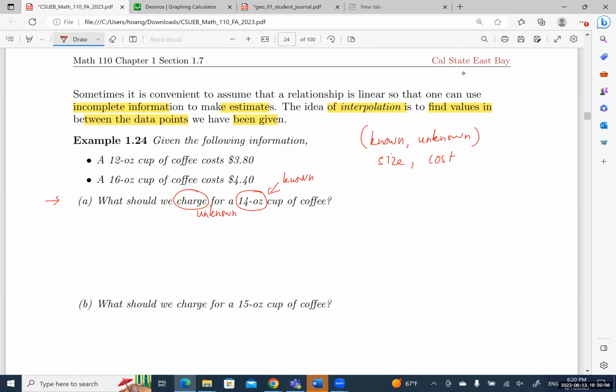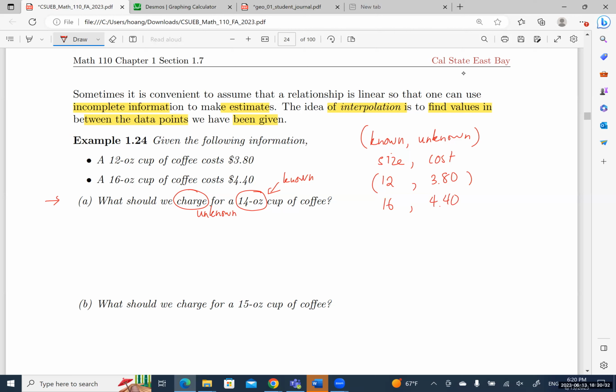From the given information, we can set up 2 points as 12, 3.80, and 16, 4.40.